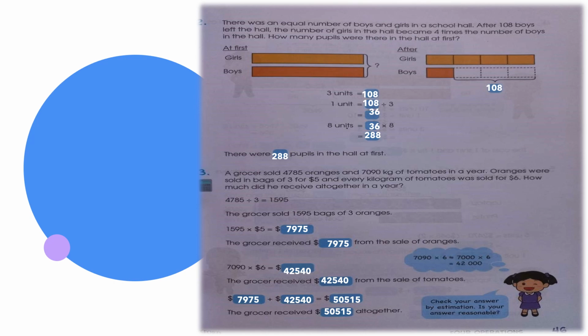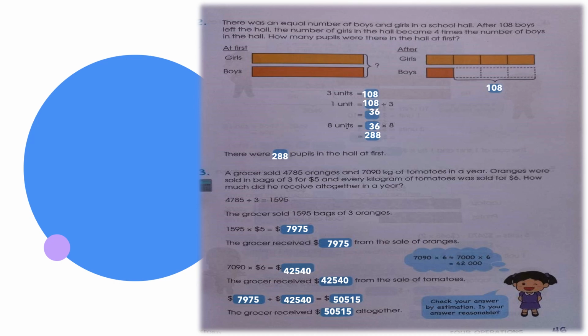Now look at question 3, which says a grocer sold 4785 oranges and 7090 kg of tomatoes in a year. Oranges were sold in bags of 3 for $5 and every kilogram of tomatoes was sold for $6.